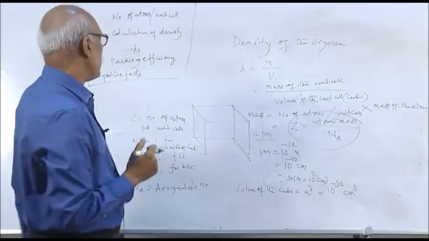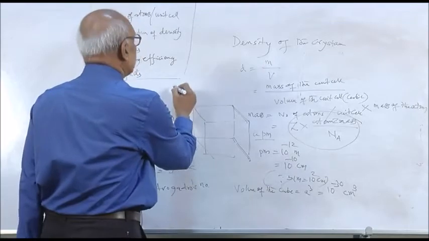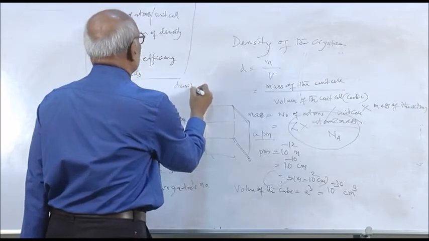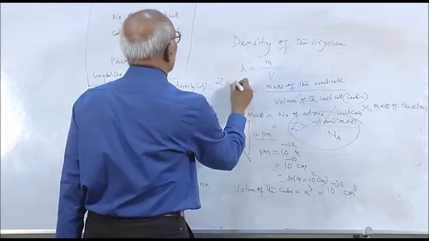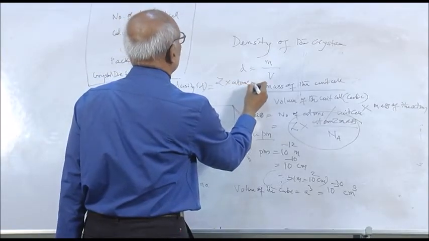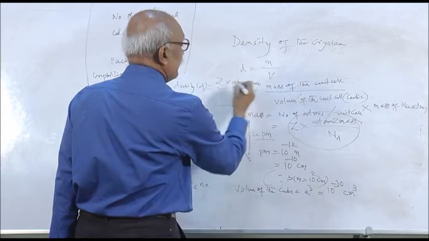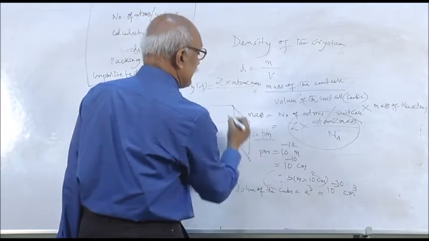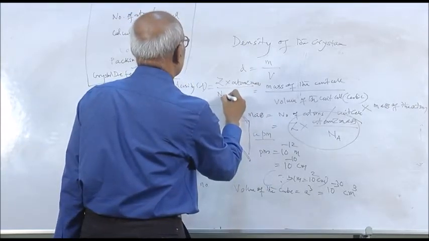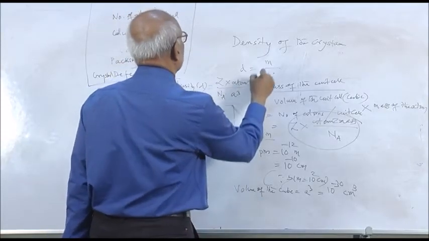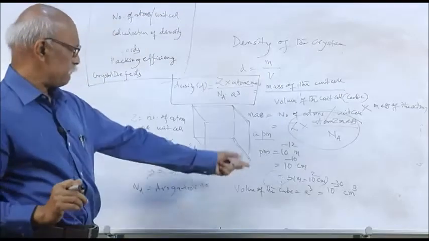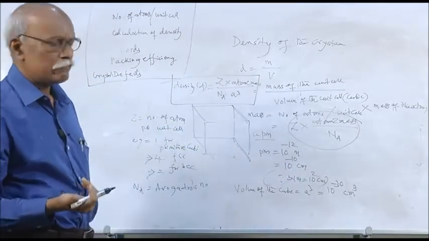Then density D will be Z into atomic mass divided by Na into a cubed. In general, you can write it like this. a cubed may be in centimeter cube or meter cube.